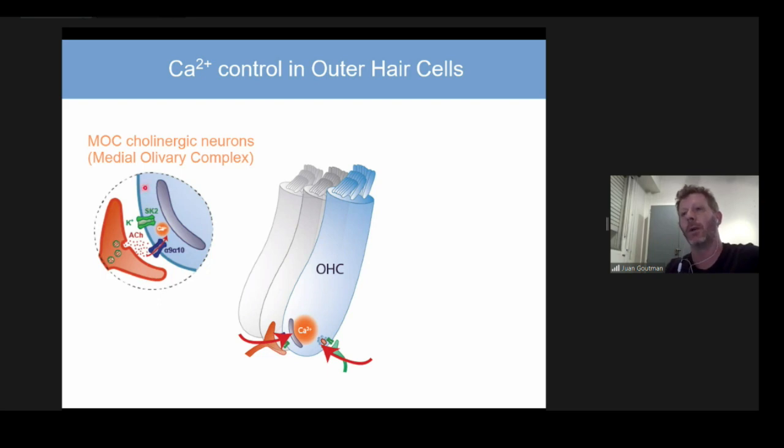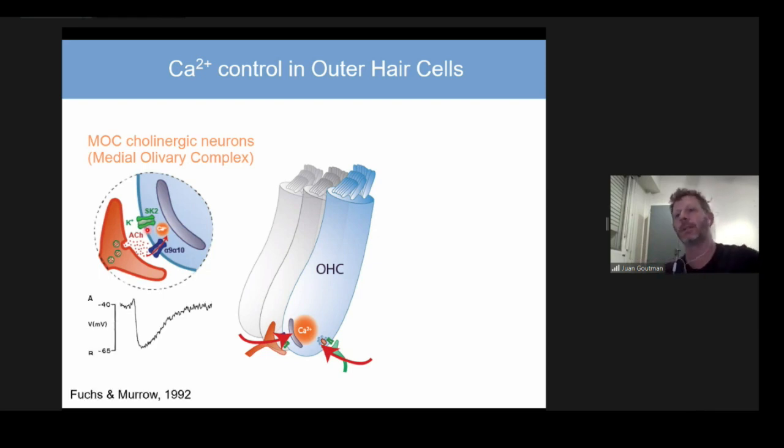So the overall effect of this synapse is to activate the potassium channel, producing synaptic inhibition in these cells. For the electrophysiology experts, this is a typical current clamp recording of a synaptic potential. You can see the downward deflection of the membrane potential. As I said, they produce inhibition, and the main role of the MOC innervation is to reduce the amplification that outer hair cells can produce in the ear.